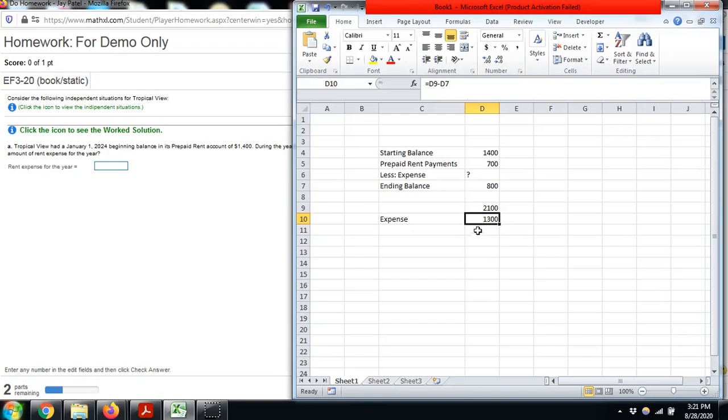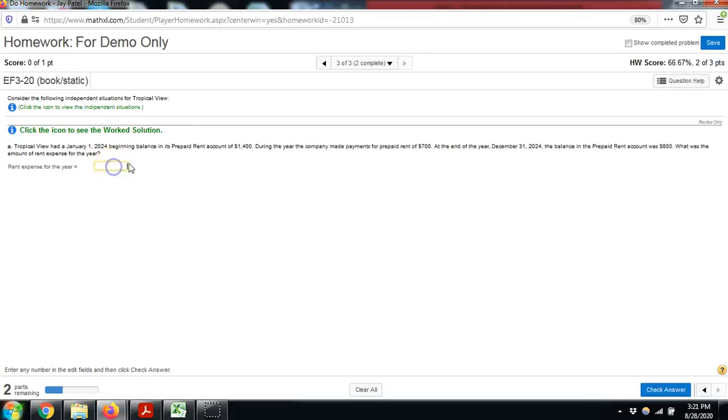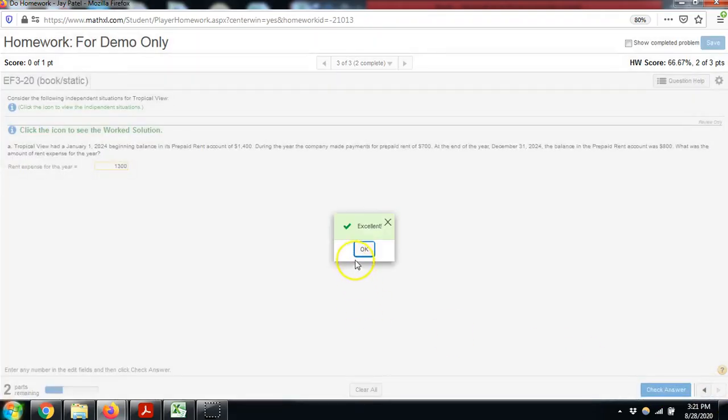So this $1,300 is how much we expense in this year to get from this starting balance plus this prepaid rent additions less this expense of $1,300. That gives us $800 as our ending balance. So let's see if that's correct.